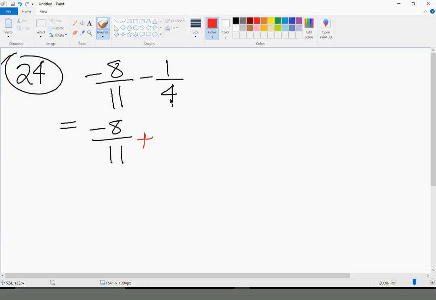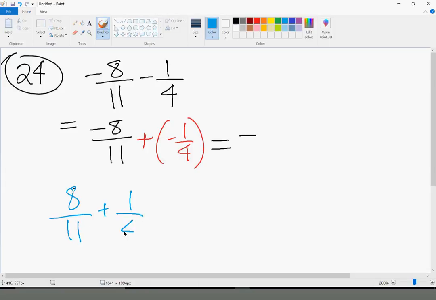Change subtraction to addition, and the opposite of 1/4 is -1/4. So we are adding integers with the same sign, so we're going to keep the sign and then add 8/11 plus 1/4. That's going to go in here.